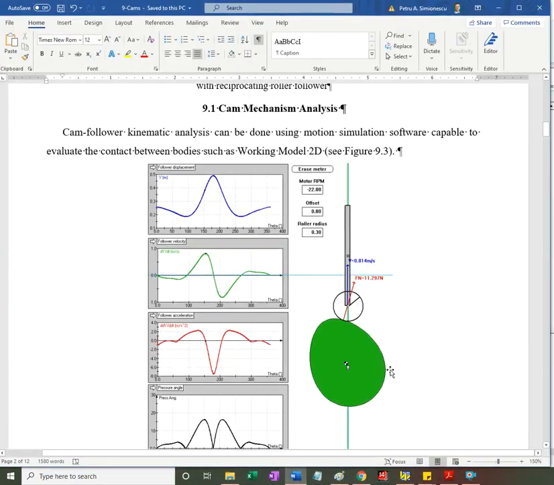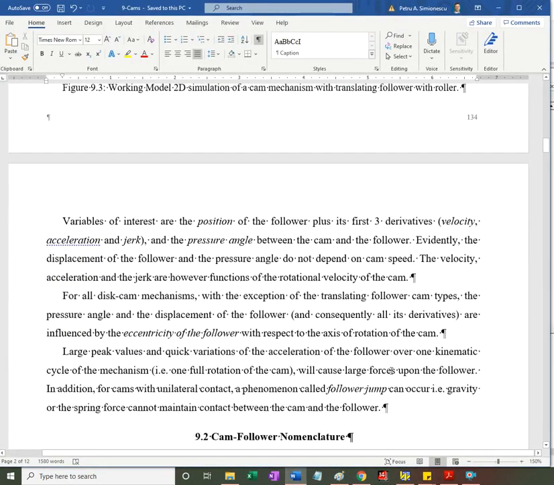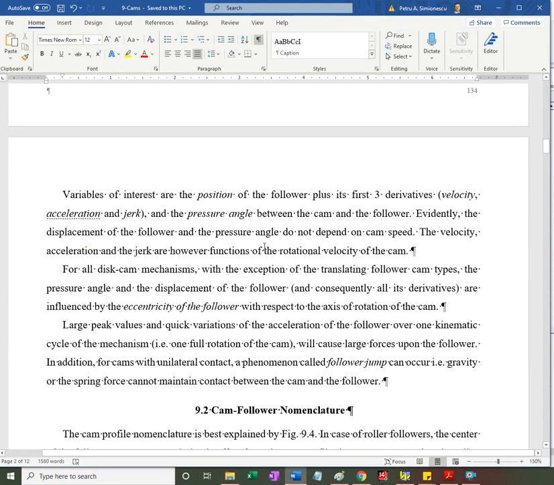Okay. All right. So you saw in the simulation graphs of the position, velocity and acceleration. Actually, in cam design, the derivative of the acceleration is also of concern.